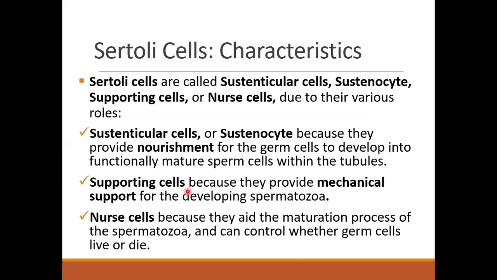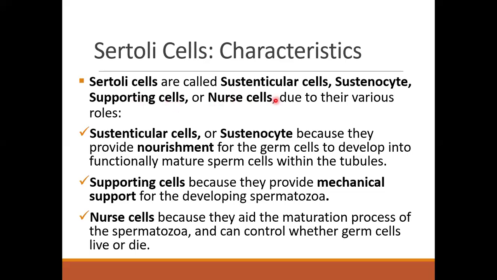Then we said that the Sertoli cells actually play a significant role within the seminiferous tubules. They are called sustentacular cells, and sustentacular cells are the same thing as sustentocytes. A sustentocyte is a cell performing sustaining capabilities; something is being sustained. So why are Sertoli cells called sustentacular cells? Why are they also called supporting cells?